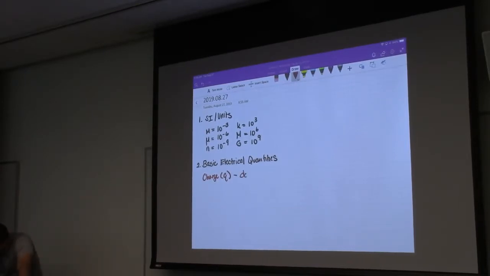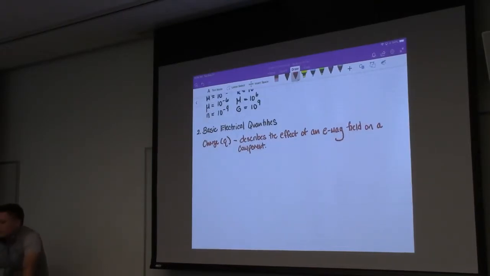We'll talk a little bit about what that means. And the unit is called a coulomb.